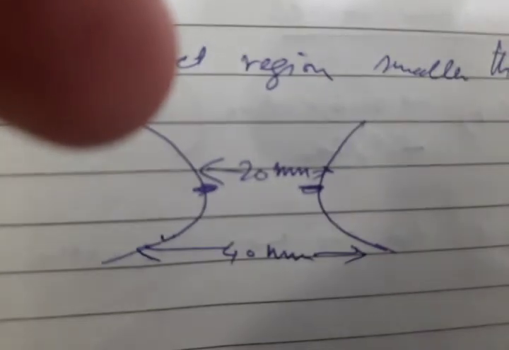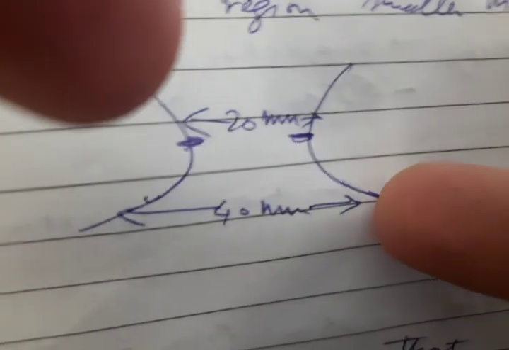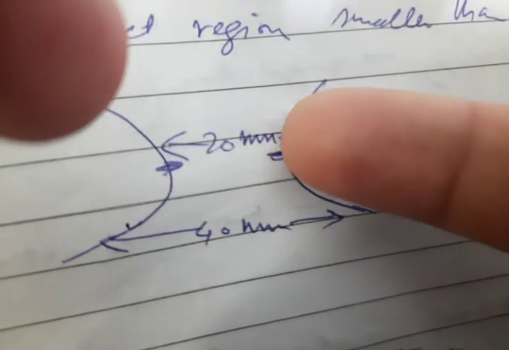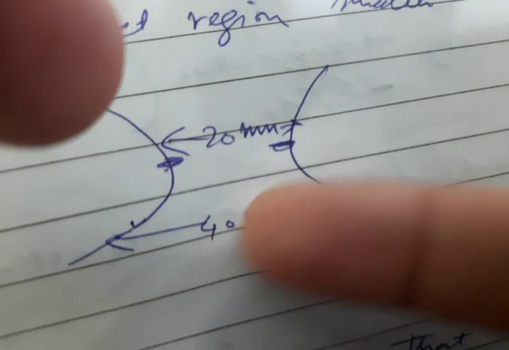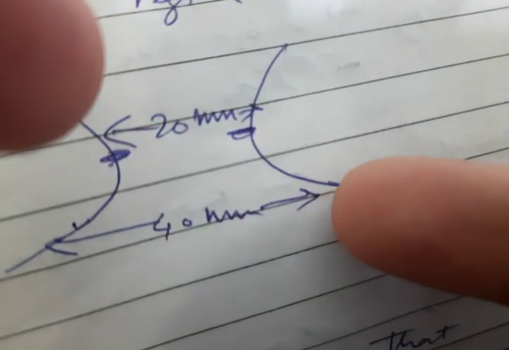Since this is spherical, to show it, if this is one, this is the closest part, and there's a certain part which would be 40 nanometers.